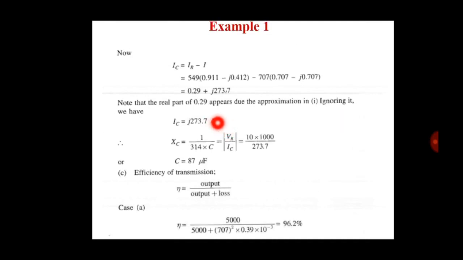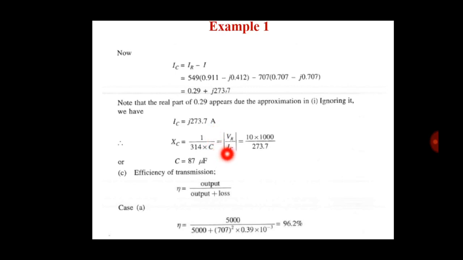Note that the real part of 0.29 appears due to approximation and ignoring it, IC is equal to J 273.7 A. So XC is equal to 1 divided by 2 pi f C.